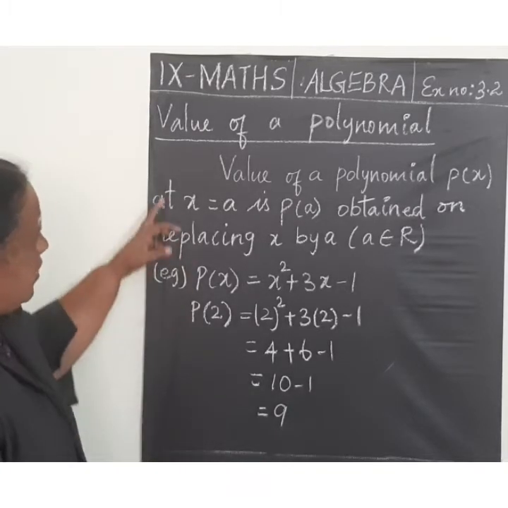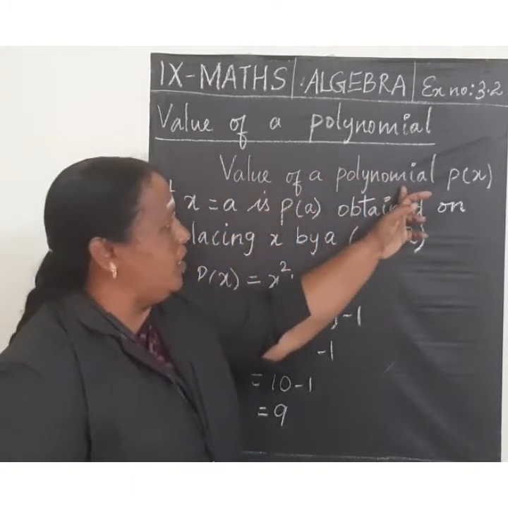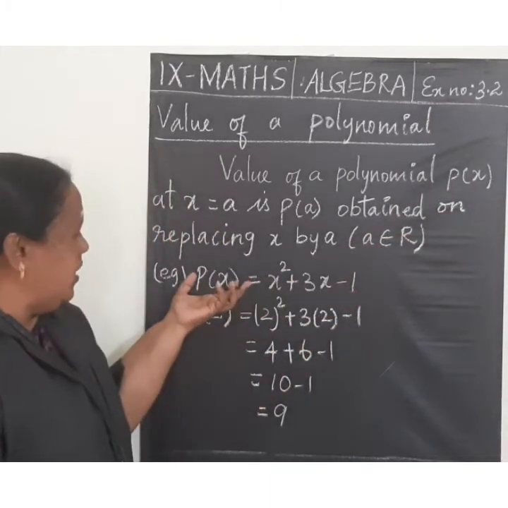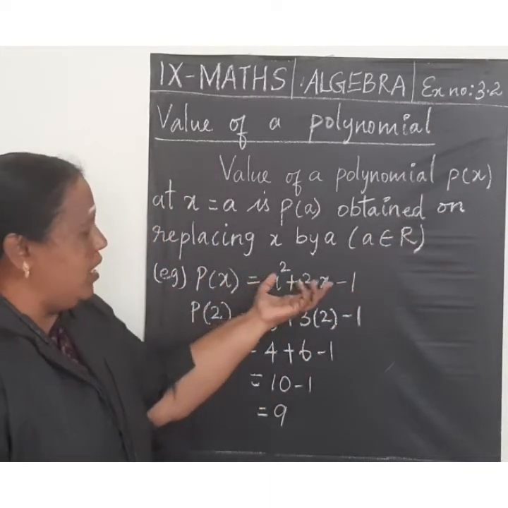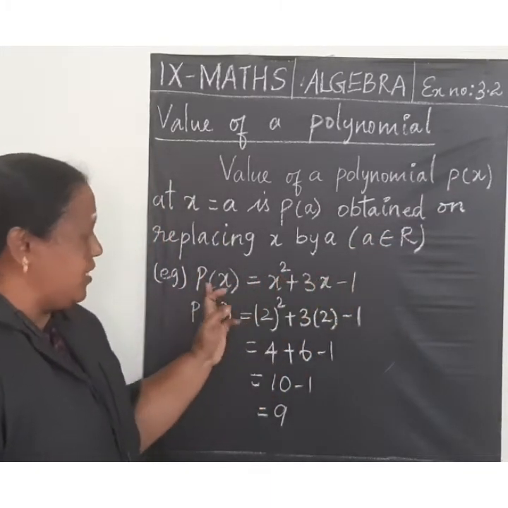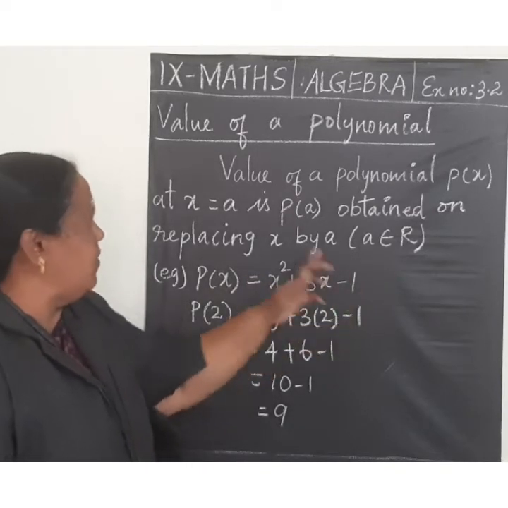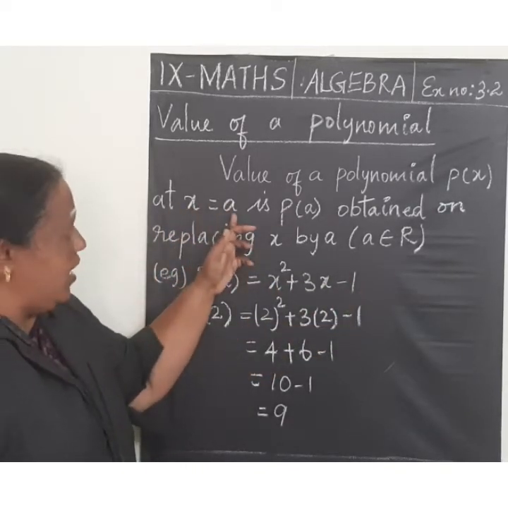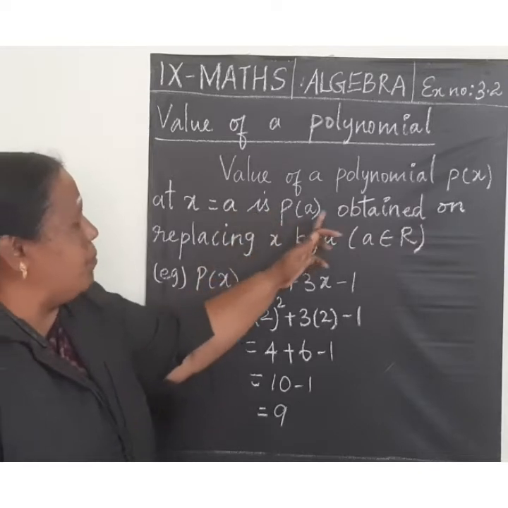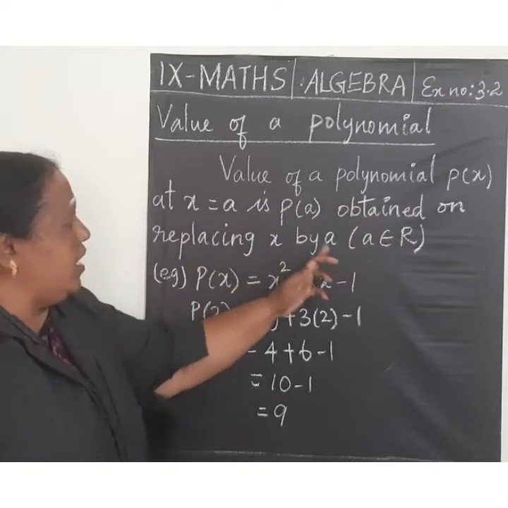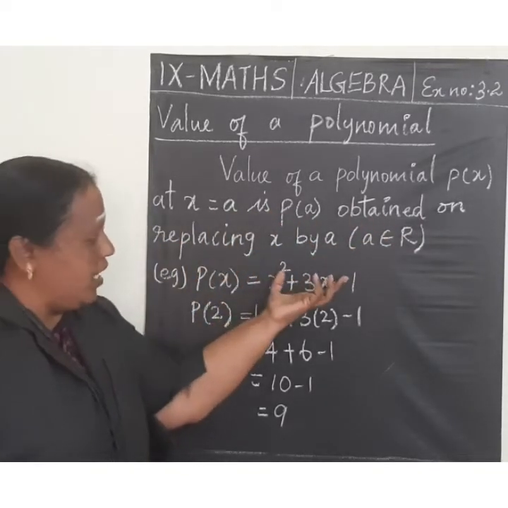So now come to the definition. The value of a polynomial p of x at x equal to a is p of a, obtained on replacing x by a. So the polynomial they have given is p of x.